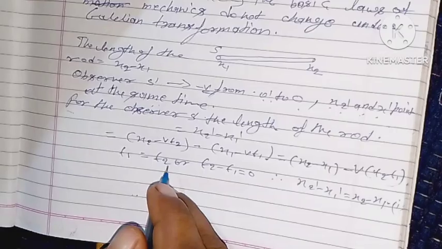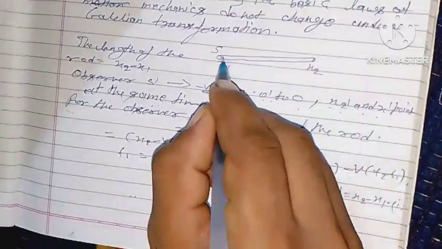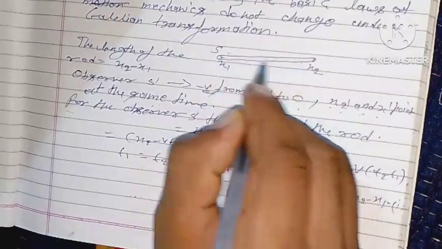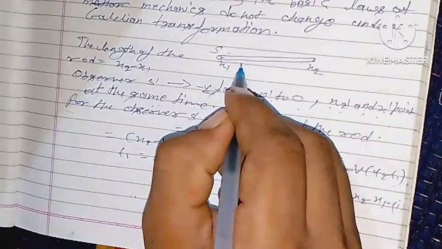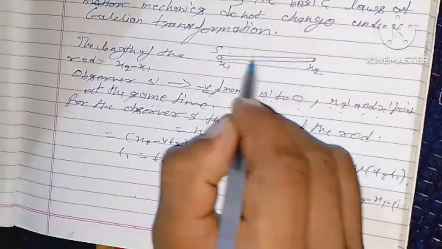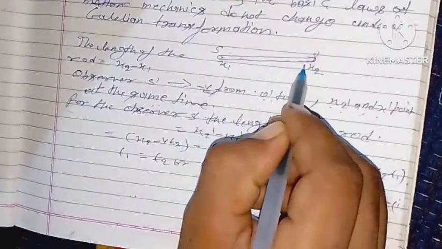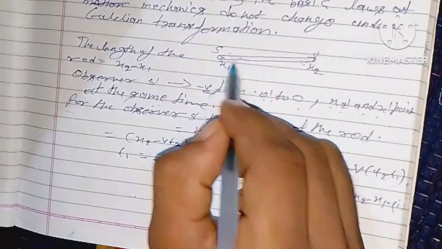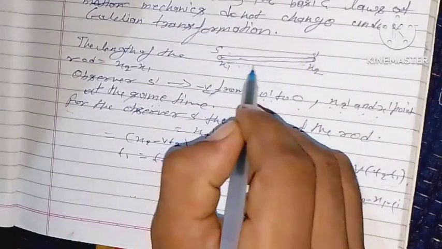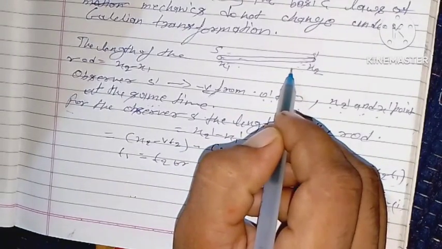That means the length of the rod is invariant under Galilean transformation.